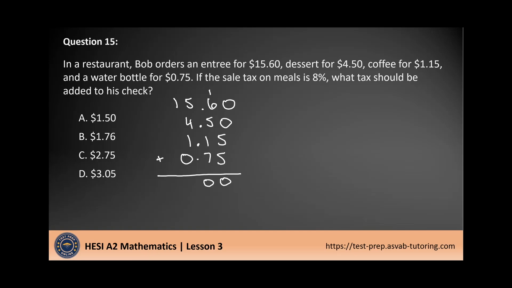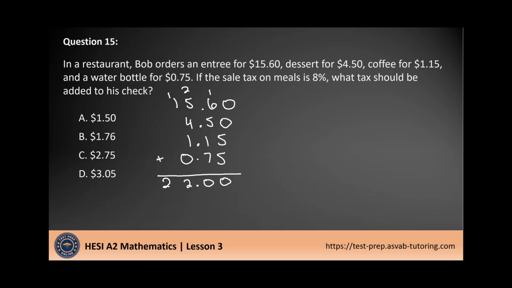So we'll write the 0 here, carry the 2. 2 plus 5 is 7, 7 plus 4 is 11, 11 plus 1 is 12. Write the 2 here, carry the 1. 1 plus 1 is 2. Our decimal follows right here. So the total price of the meal was $22.